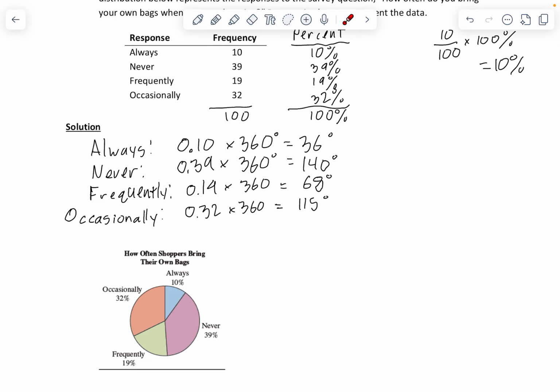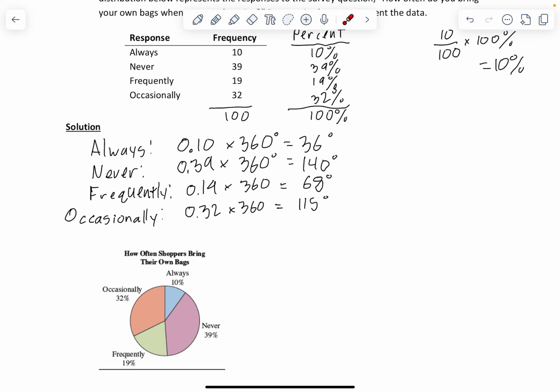Half would be 180 degrees, so 140 is a bit less than half, and 39% of the total. The second largest is occasionally, which has 115 degrees. So never and occasionally are clearly the two largest. And then frequently and always are the two smallest categories here.